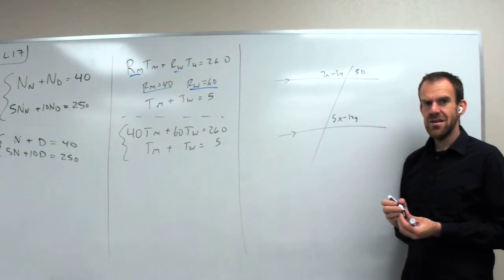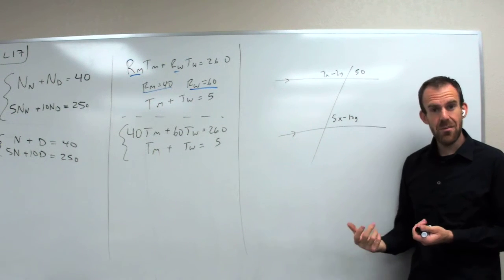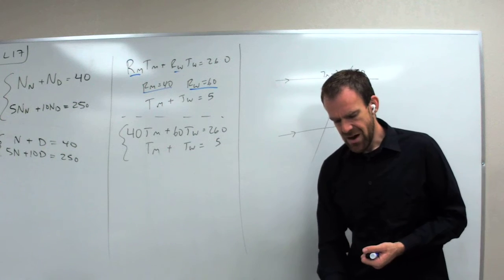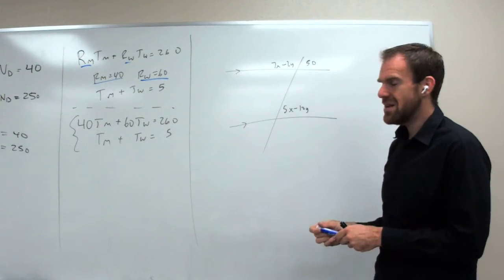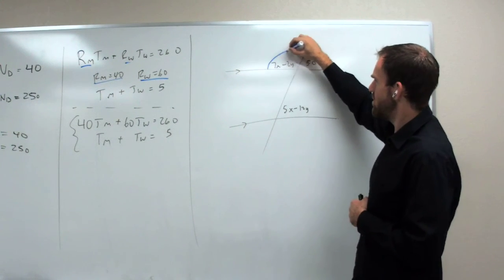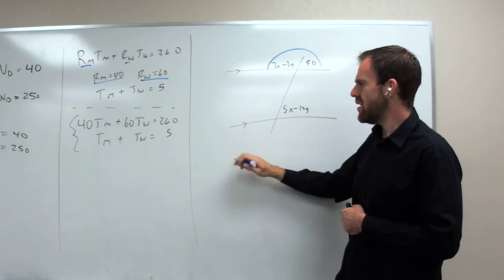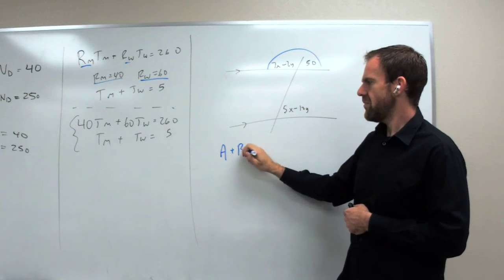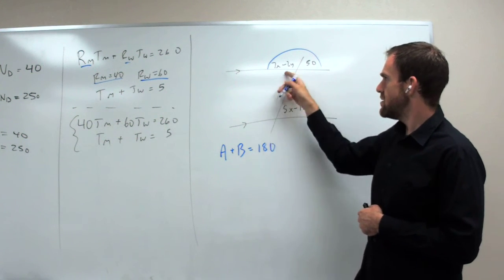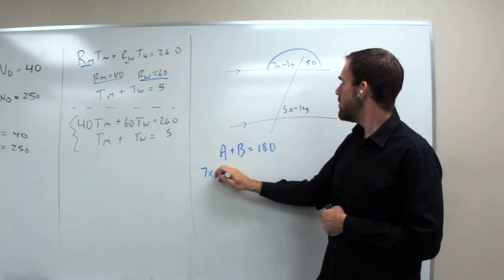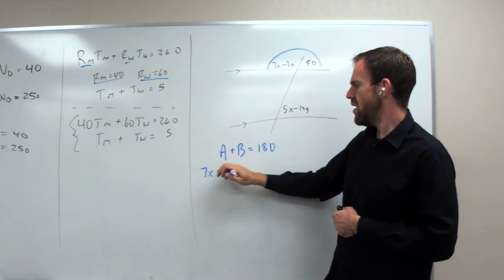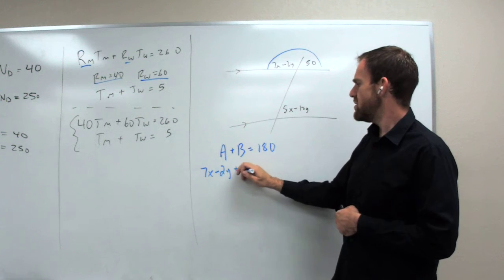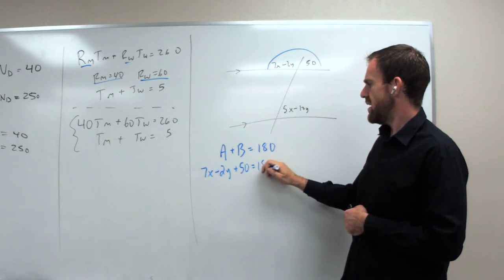Now, the issue here is that we have letters instead of numbers. Are we bothered? Not really, because we're going to start the same way we always would. These two add up to 180. What's the formula? A plus B equals 180. So 7x minus 2y plus 50 equals 180.